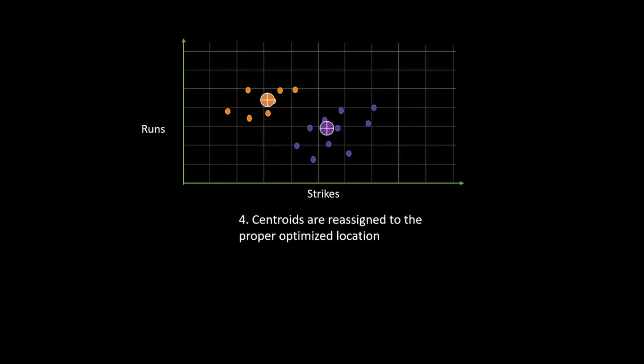But as we go, we start to narrow down the actual optimized centroid location within our data points. And we continue this until both centroids and data points stop their assignment. Once they stop that, it's called convergence. So we want that convergence. Once we get to convergence, we can stop moving all of the pieces around on the table.